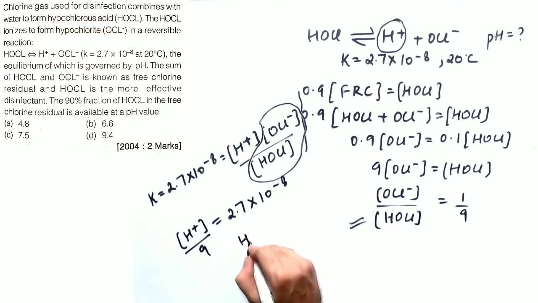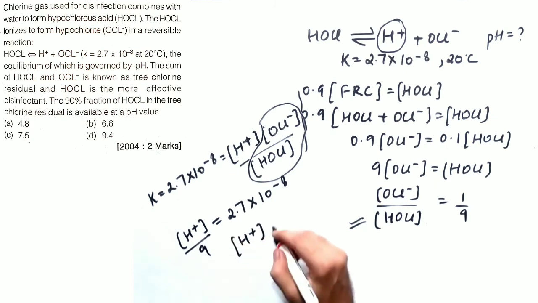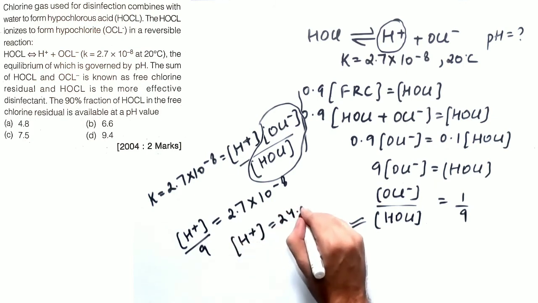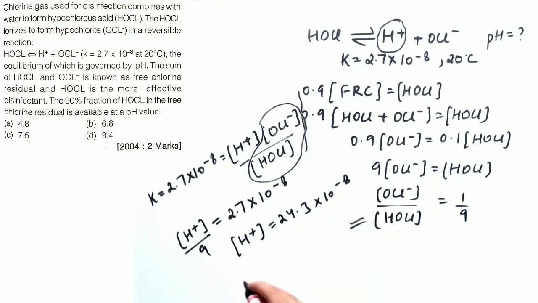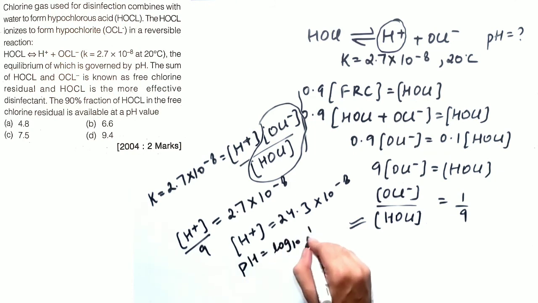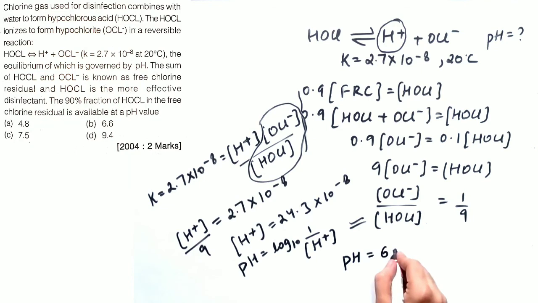So from this you can calculate the value of H positive as 24.3 into 10 to the power minus 8. Now pH can be calculated as log base 10 of 1 upon H positive. When you substitute this value here, you will obtain the value of pH as 6.614. This is the value of pH.